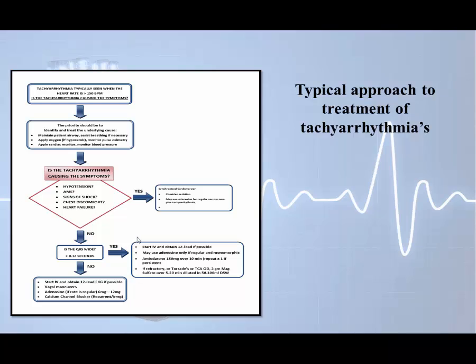Okay, this is the classic ACLS algorithm slide. Difficult to read, I'm sorry about that. You can take it down to symptomatic versus non-symptomatic. With symptoms, yes, synchronized cardioversion. With no symptoms, is the QRS wide?